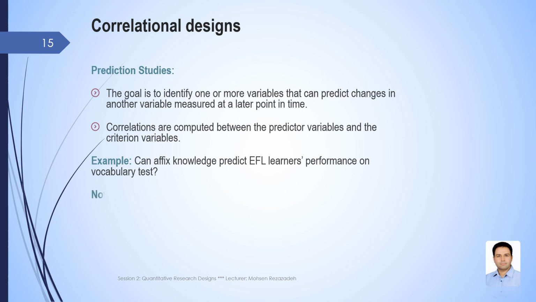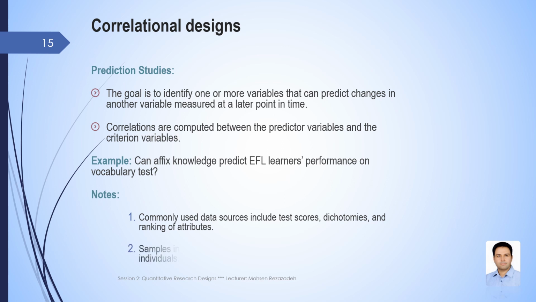But we need to pay attention to a couple of points here. First, commonly used data sources include test scores, dichotomies, and ranking of attributes. These are the commonly used data sources for prediction studies. And second, samples in correlational research should at least consist of 30 individuals, not smaller than that.